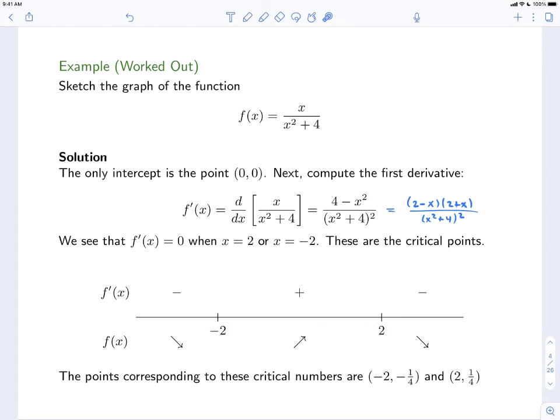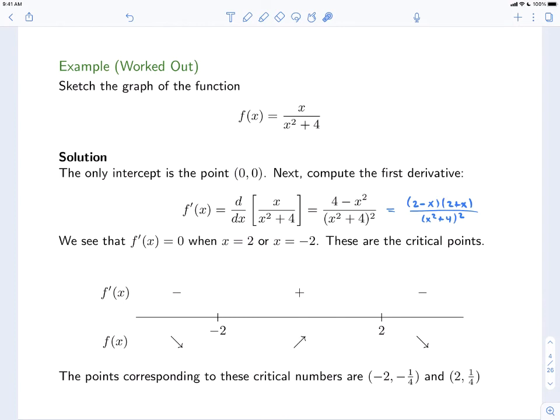For example, pick x equals 0. Then we're going to have 2 times 2, which is positive, divided by a positive number. So that's positive. Finally, if we pick something bigger than 2, say 3, we'll have 2 minus 3, which is negative 1, times 5, divided by something positive. So that's negative.